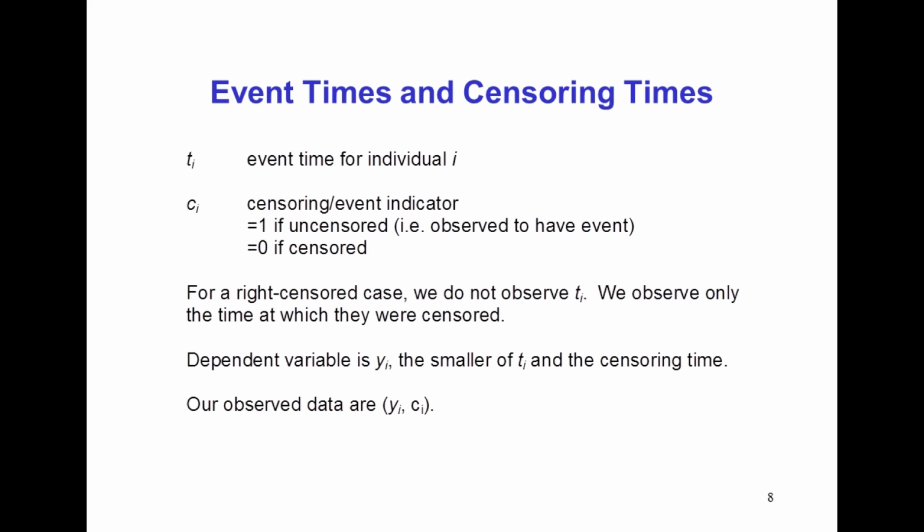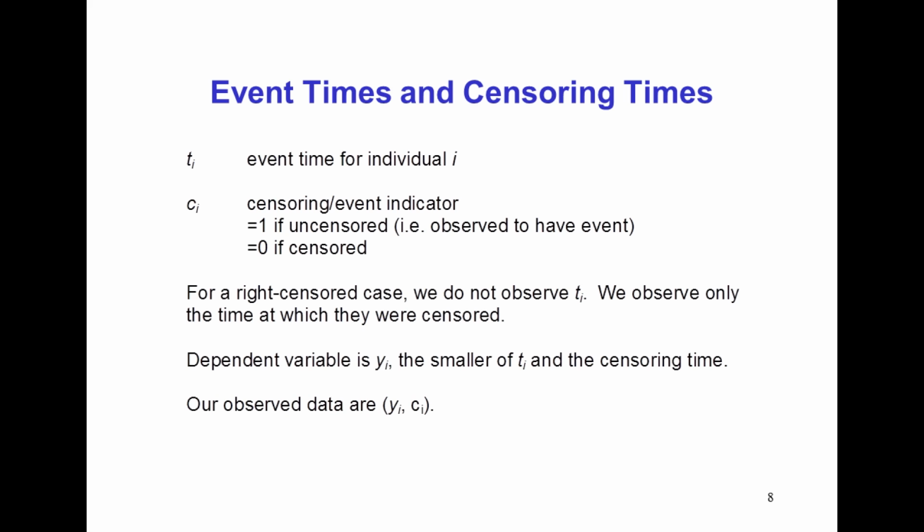So it's 1 if they have the event and 0 if they don't. Now, if a person is right censored, so they haven't actually been observed to have the event, you do not fully observe their event time. What we actually observe is their censoring time. So Y is just a general notation which would be the event time if a person was observed to have the event, and it would be the censoring time if they weren't.